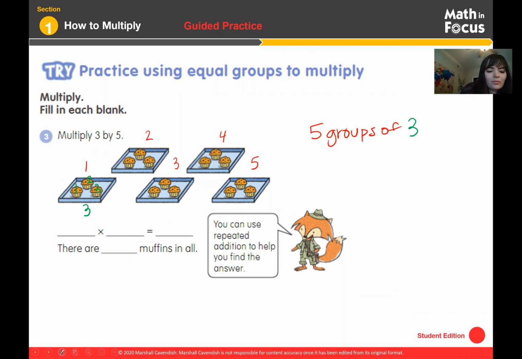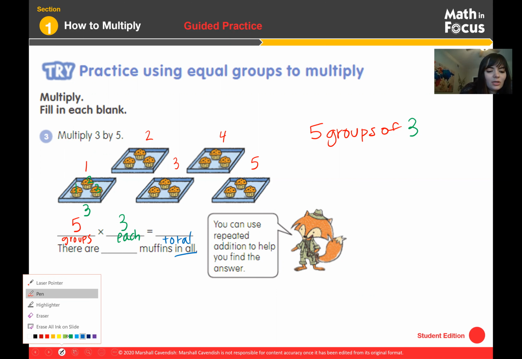So remember that when I write that as a multiplication sentence, I'm going to write my groups under here, 5 groups of 3, and 3 is my each. And what I'm looking for is my total, my in all.